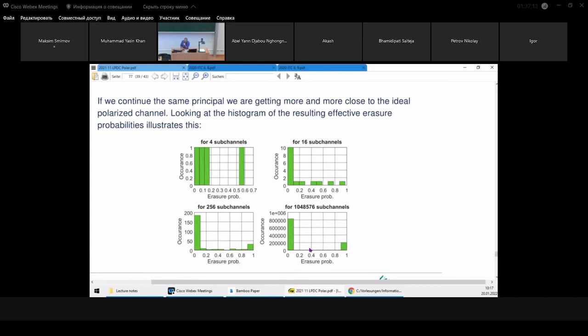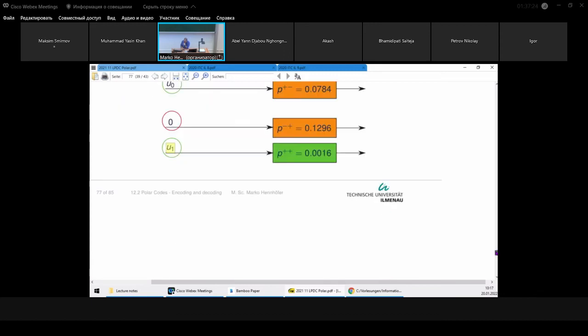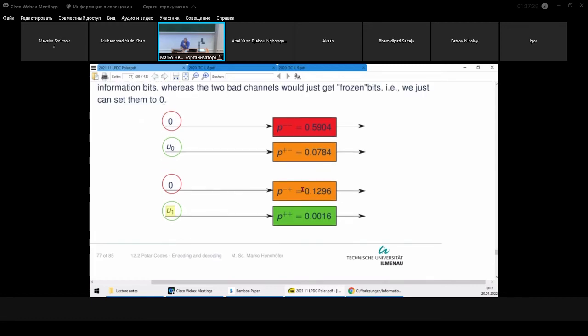Yes, the fourth case is the completely perfect distinction between good and bad channels. So no channels in between. And this, of course, would be used in this way. Just imagine this with our example where we have 1 million channels. We will have 800,000 subchannels with almost perfect bit error probabilities.